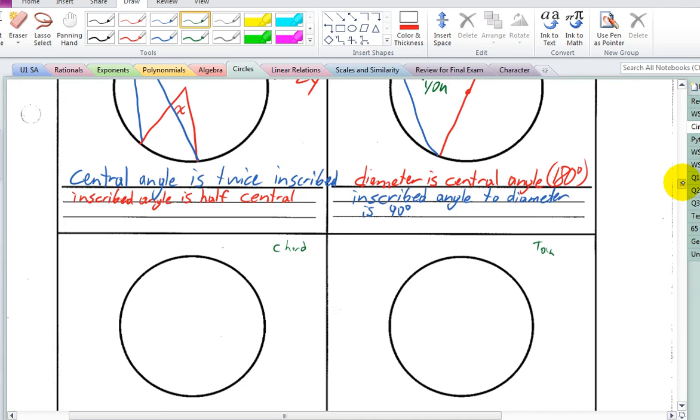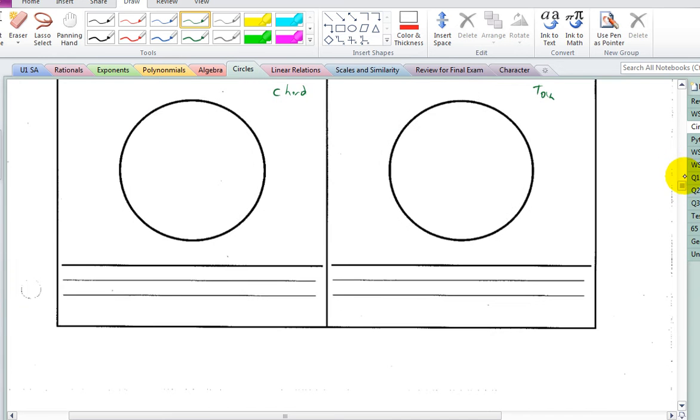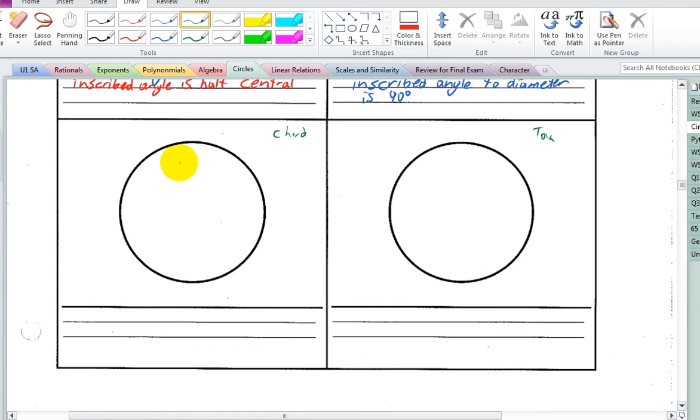Next one, chord theory. So for chord theory, we had 3 parts, and we saw that yesterday. What are the 3 parts? What did I just draw? Line from center, or through center, whatever word you want to use.